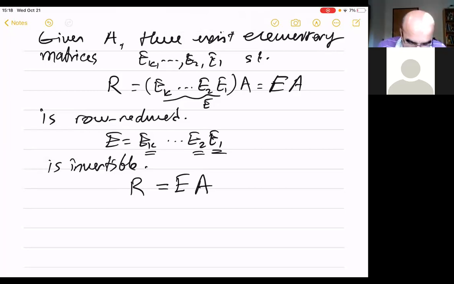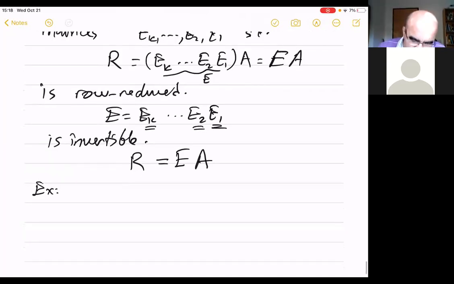So let's give one more example. The matrix will be of small size because otherwise it will be long. Let's start from the beginning, find these, and show that this E is also invertible.